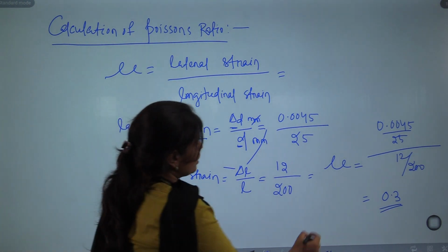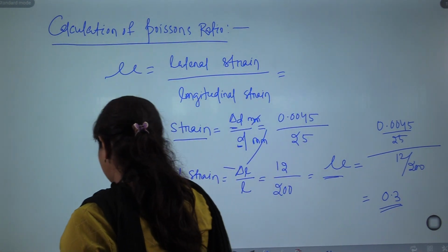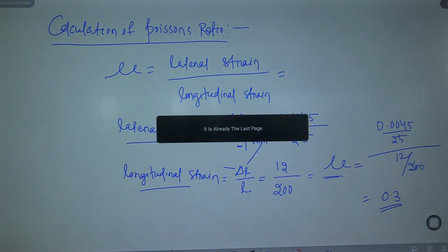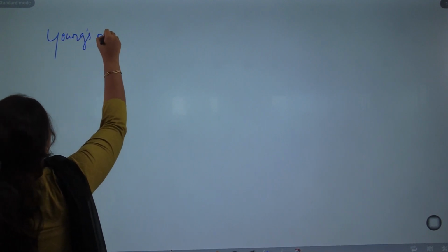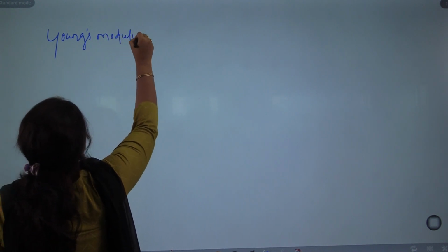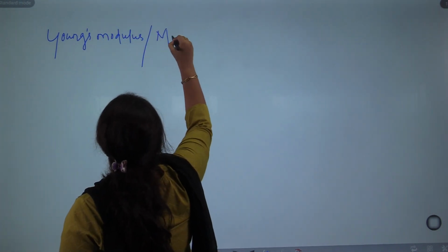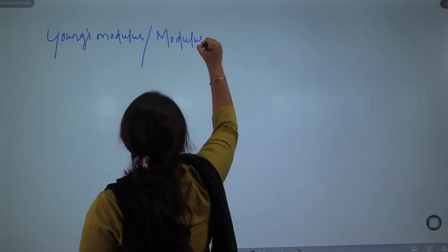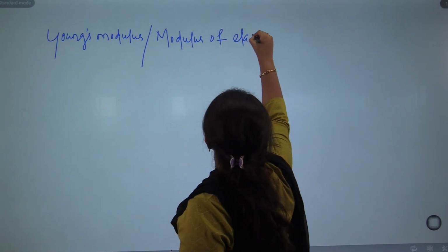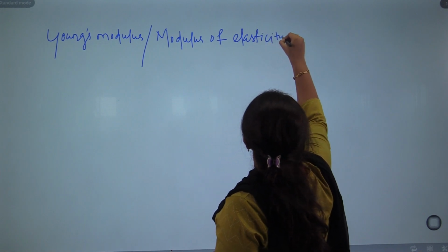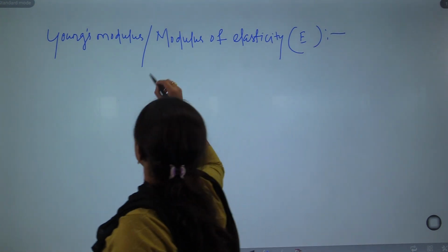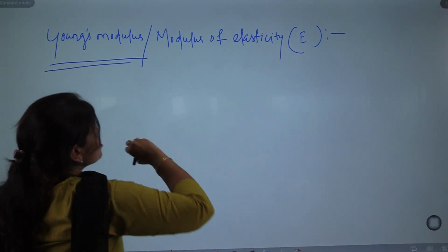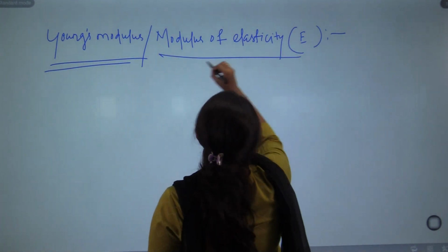After calculating mu, we need to go to Young's modulus or modulus of elasticity. The symbol is capital E. If we write small e, then it will be what?